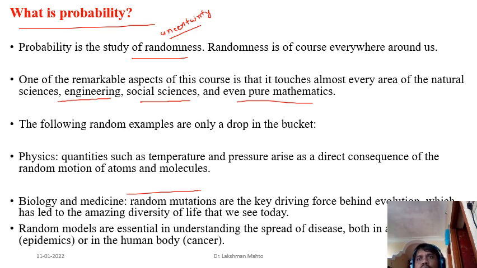To model a pandemic or the spread of any disease, they divide the population into three classes: one class we call susceptible, another is infected, and the third is recovered. This is what we call SIR.